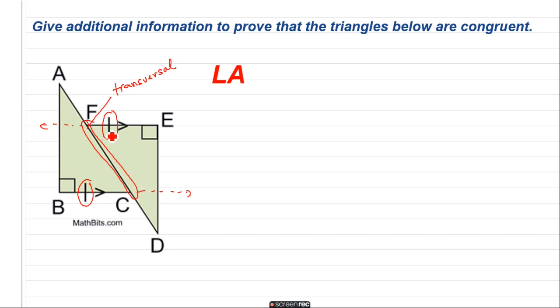Therefore, we can say that this angle is congruent to this angle because they are alternate interior angles. Now, are they also part of the two right triangles? Yes. We have the leg already, and we have here our angle. So, the additional information needed is angle F is congruent to angle C.